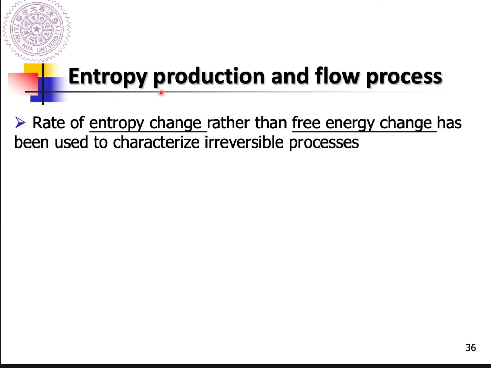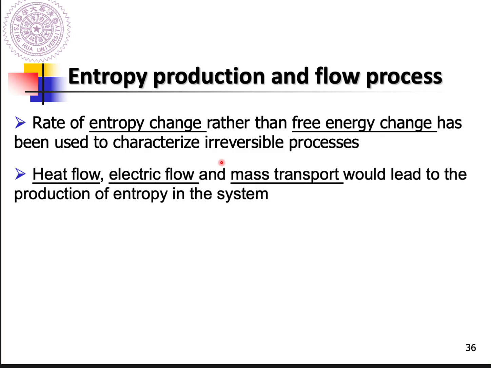Let's give a short summary of entropy production in flow processes. The rate of entropy change, instead of the free energy change, is used to characterize or quantitatively describe irreversible flow processes in kinetics.